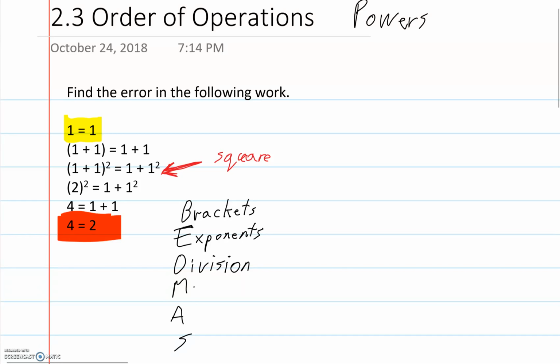There you go. Multiplication, addition, subtraction.